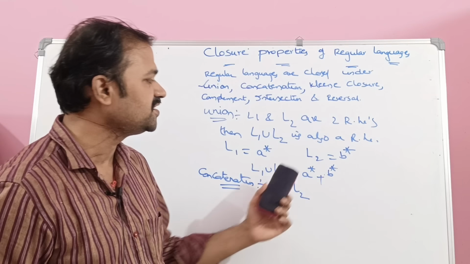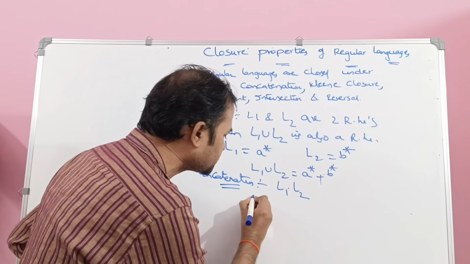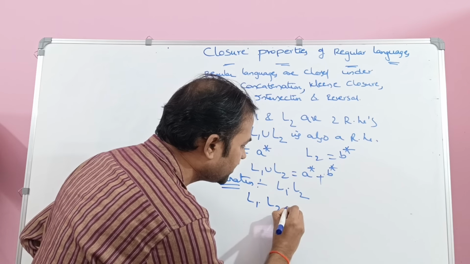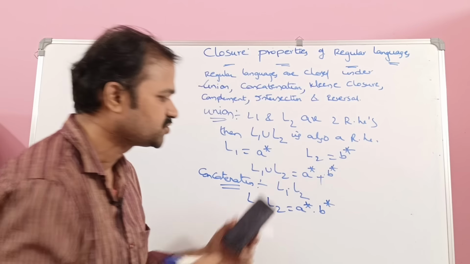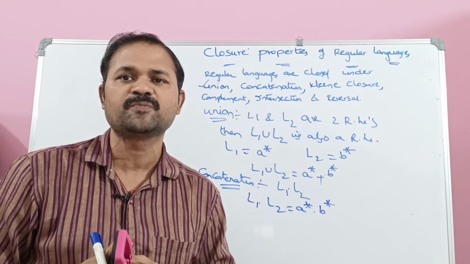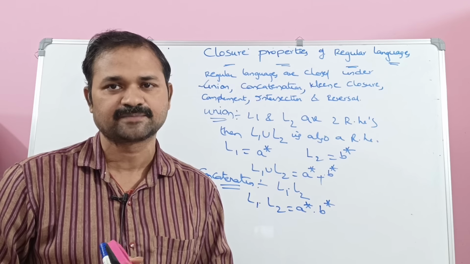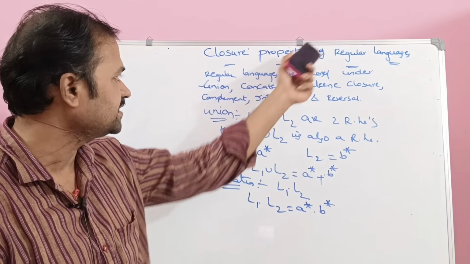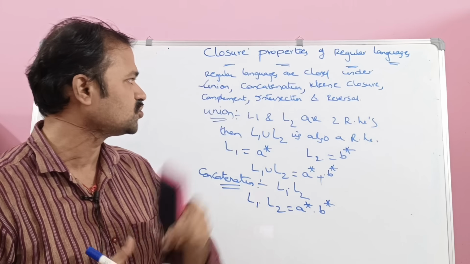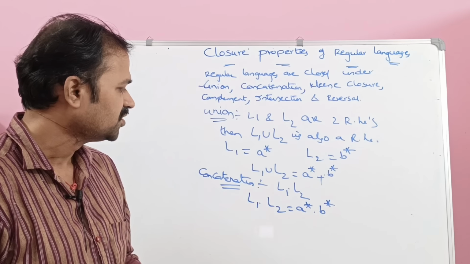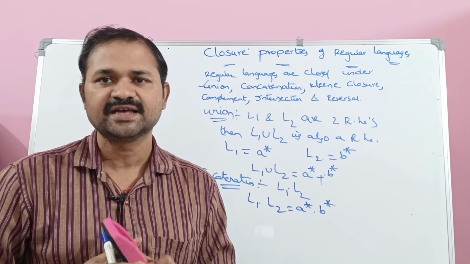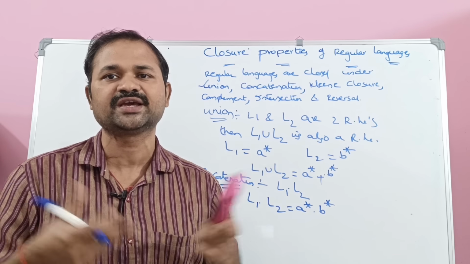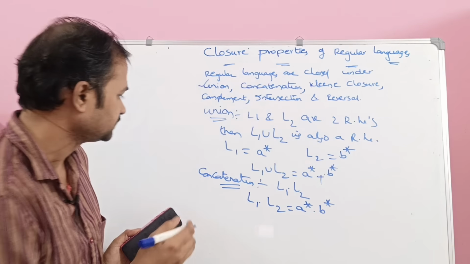Let L1 be equal to a star, L2 equal to b star. Then L1 dot L2 is equal to a star dot b star, so any number of a's followed by any number of b's. So regular languages are also closed under concatenation. Why? Because if L1 and L2 are two regular languages, then L1 dot L2 is also a regular language.